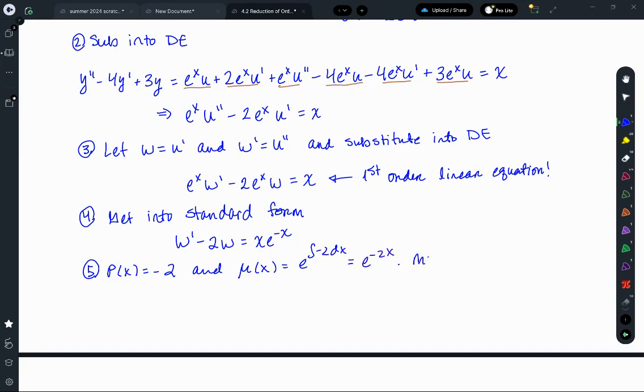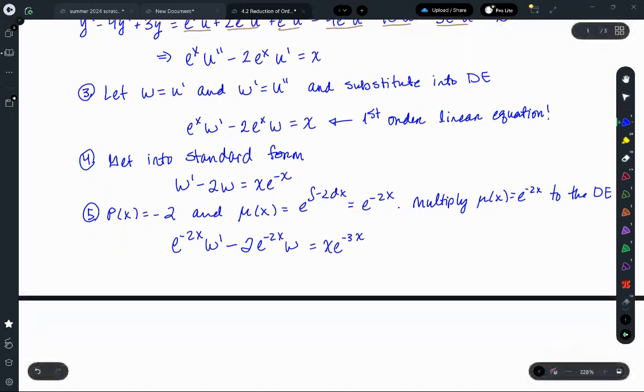Okay, we're going to multiply mu of x equals e to the minus 2x to the differential equation. So we have e to the minus 2x w prime minus 2e to the minus 2x w is equal to, and when I multiply that through to the third term, I get x e to the minus 3x.